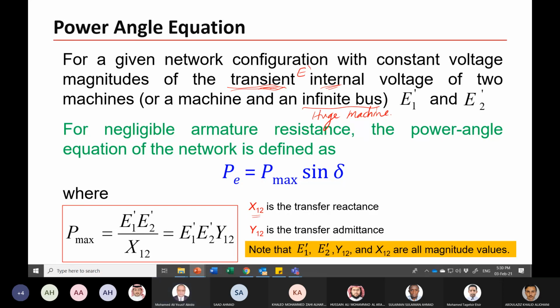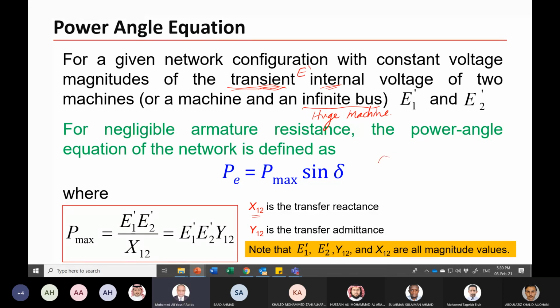If you have a very simple configuration, you can get X12 in steady state or pre-fault, during fault, and post-fault. You can have this transfer reactance in different configurations.